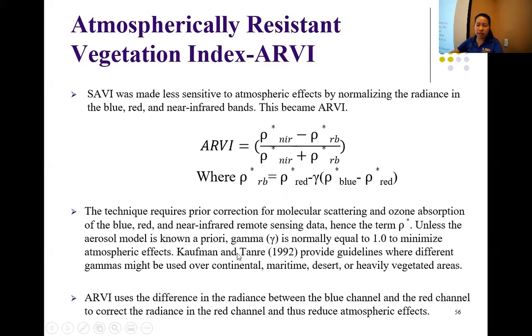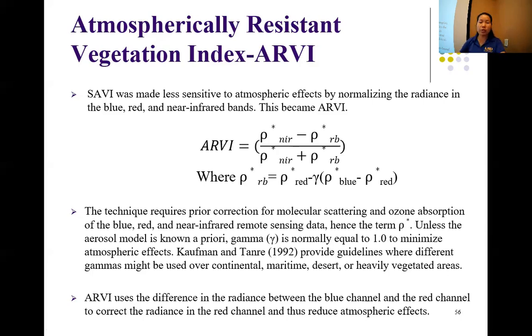This method does require prior correction for molecular scattering and ozone absorption of the blue, red, and near-infrared data, hence the term rho star. So this means that you need to do that kind of atmospheric correction.